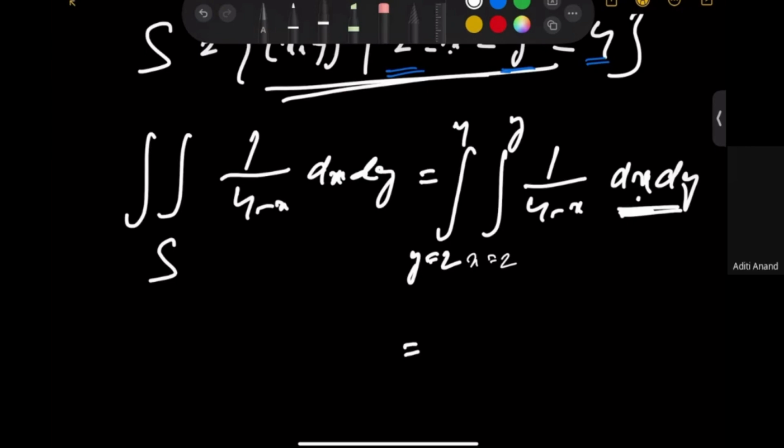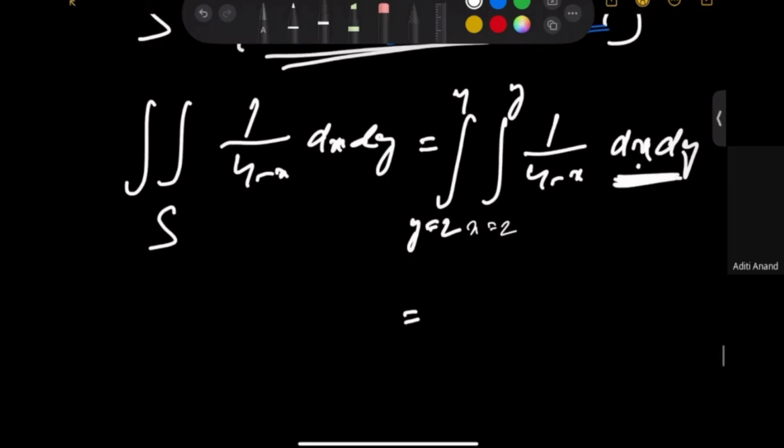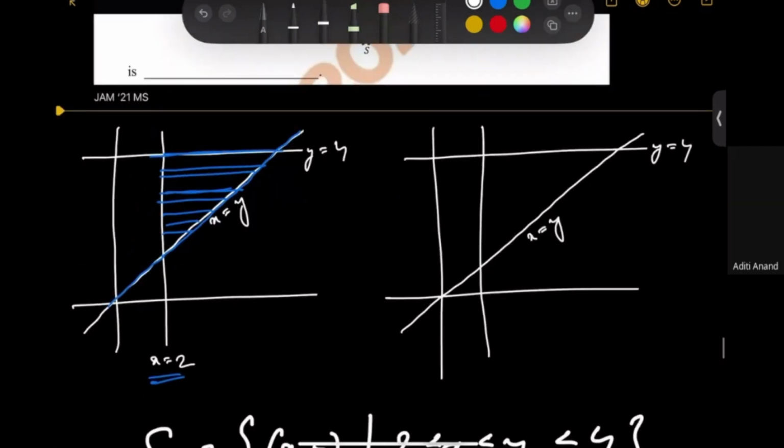So we can interchange the limits. Exactly. We can change the order of integration, right? Is the color of this ink visible to you guys? Yes, sir, visible.